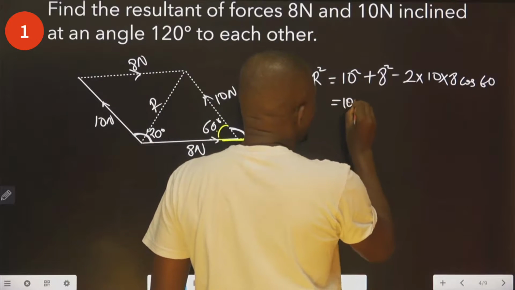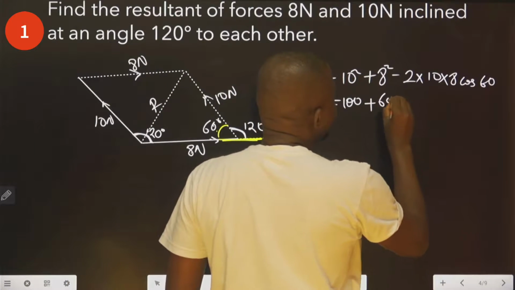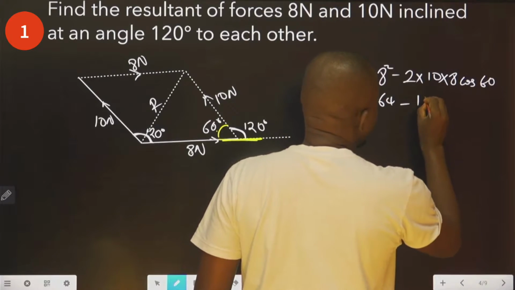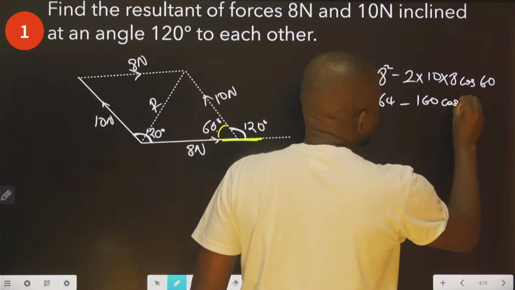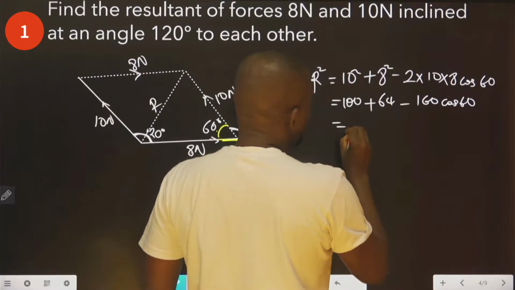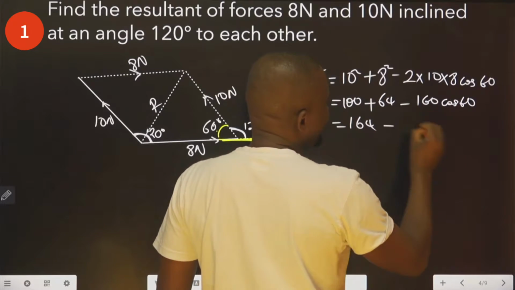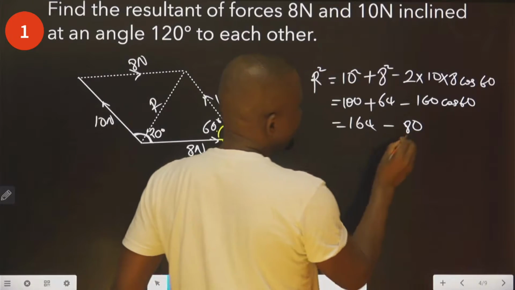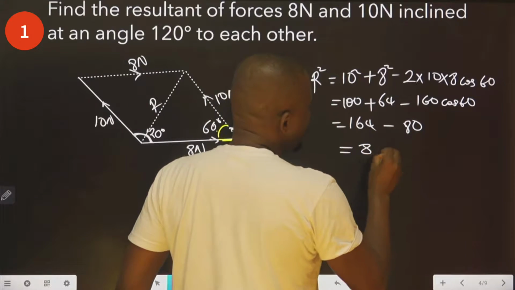This will give us 100 plus 64 minus this 80. That is 160 cos 60. This will give us 164 minus, if you solve this now, you're going to have 80. If you remove 80 from here, you're going to have 84.